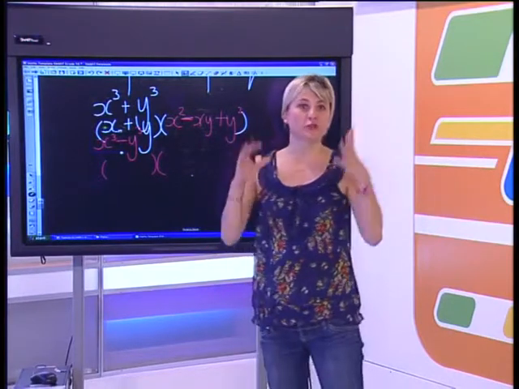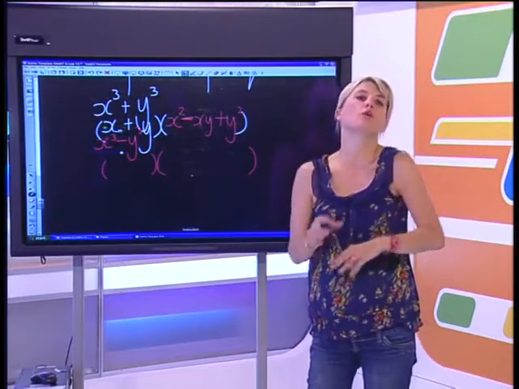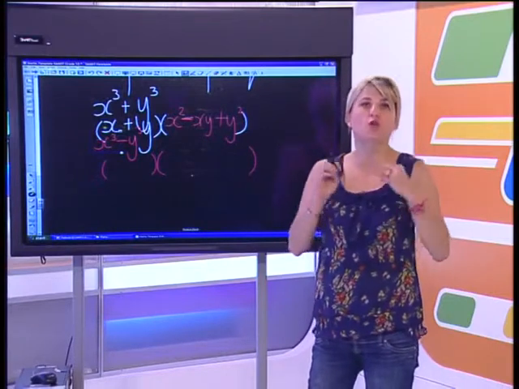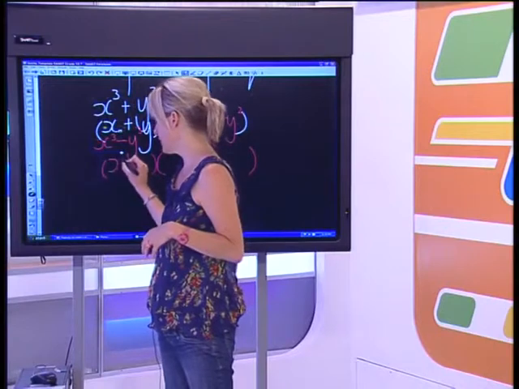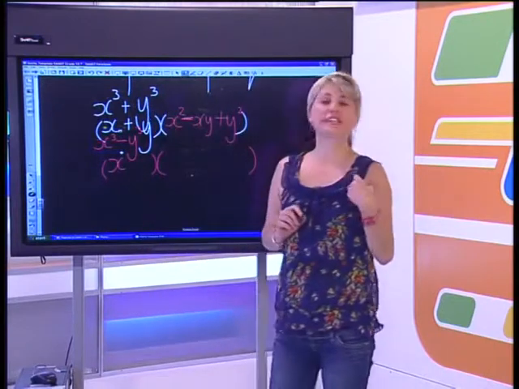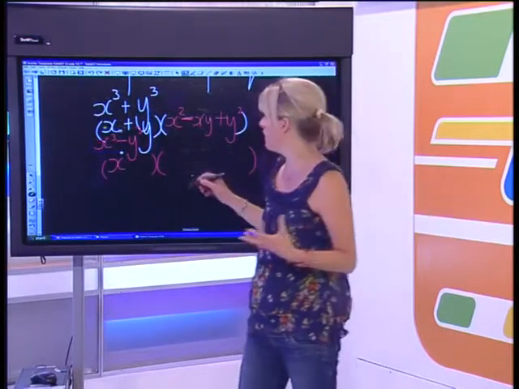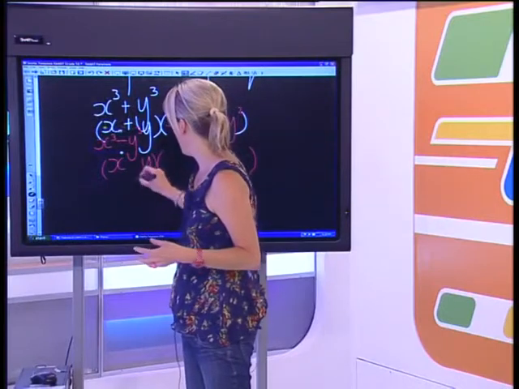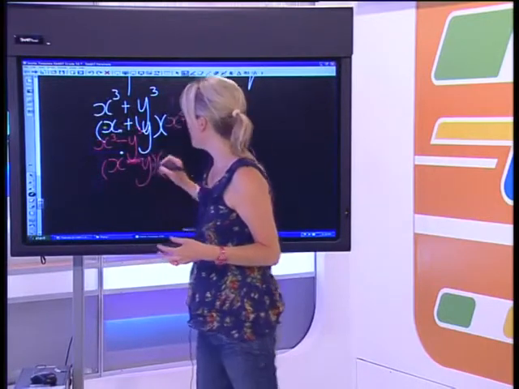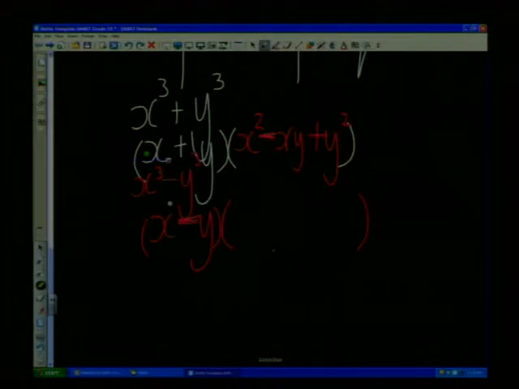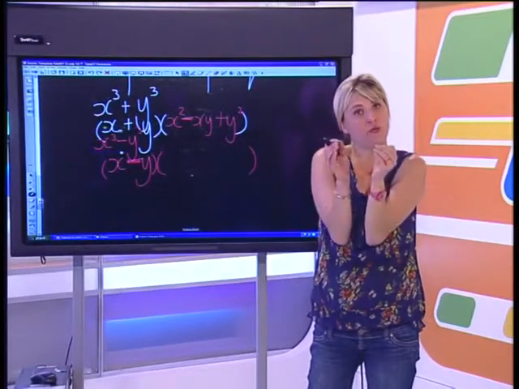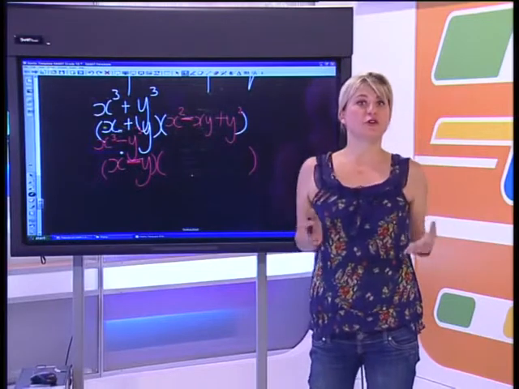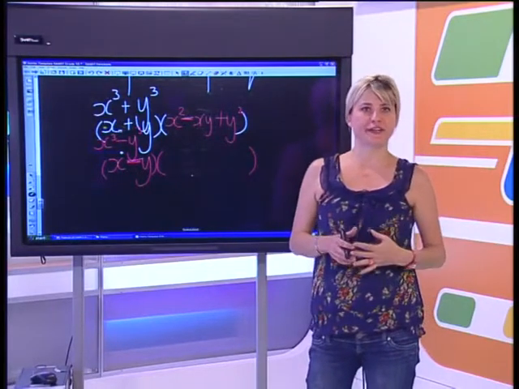And the same rule applies again. I say to myself, well, what is the cube root of x to the power 3? And that would be x. And what is the cube root of y to the power 3? That would be y. And again, my sign stays the same as the original expression. So where the sum of cubes had a plus in the small bracket, the difference of cubes has a minus in the small bracket.